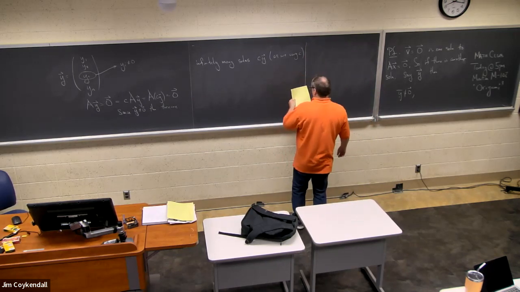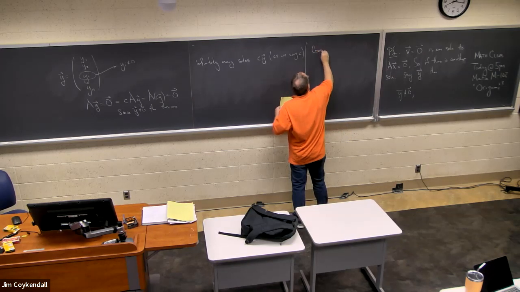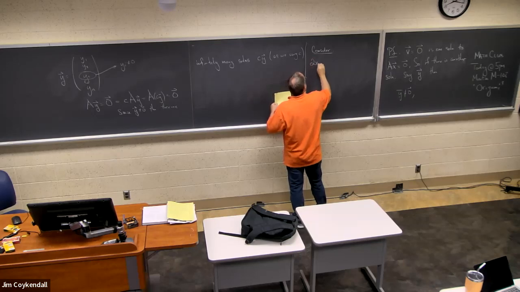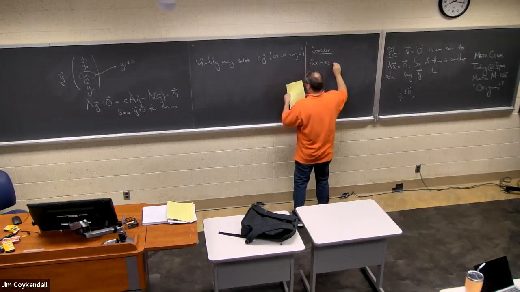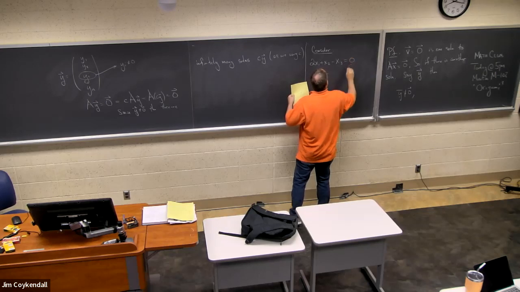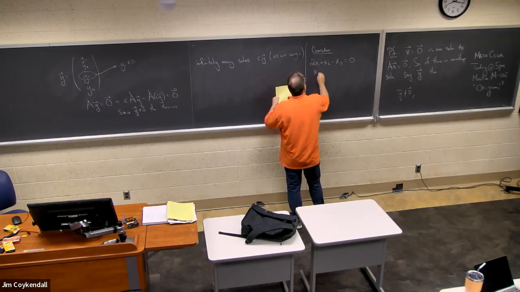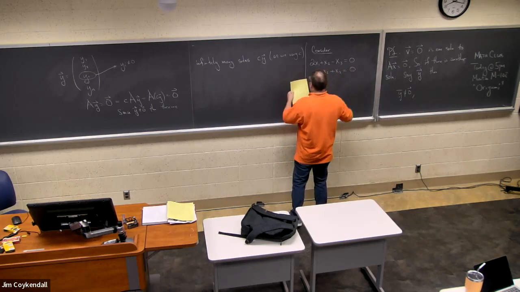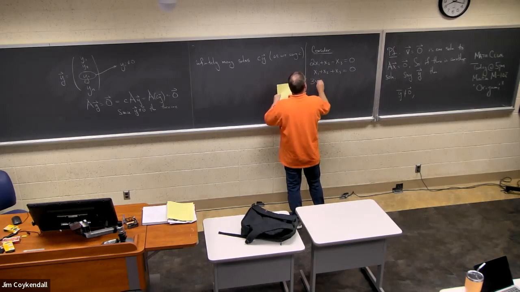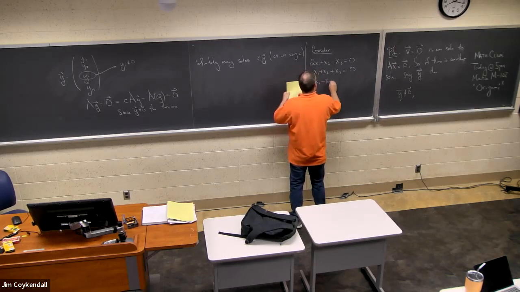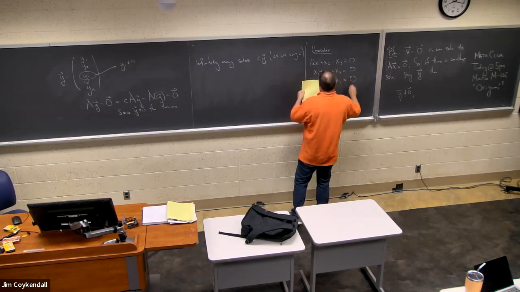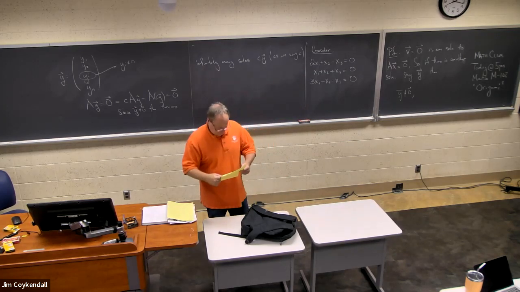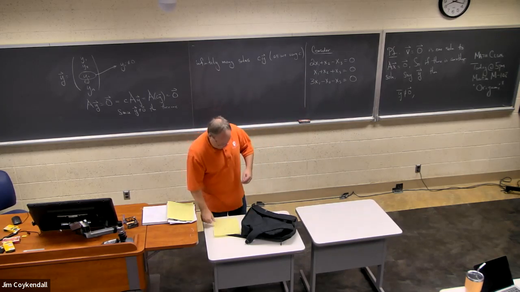Let's look at this system of equations: 2x1 plus x2 minus x3 is 0, x1 plus x2 plus x3 is 0, and 3x1 minus x2 minus x3 is equal to 0.